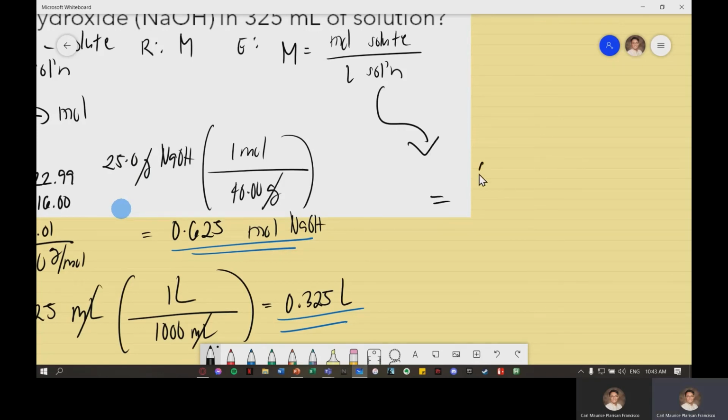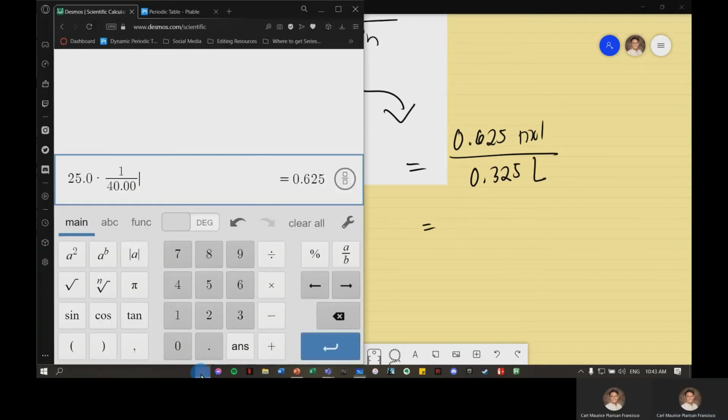Mole of solute, 0.625 moles, all over liter solution, 0.325 liters. 3 sig fig, 1.92.